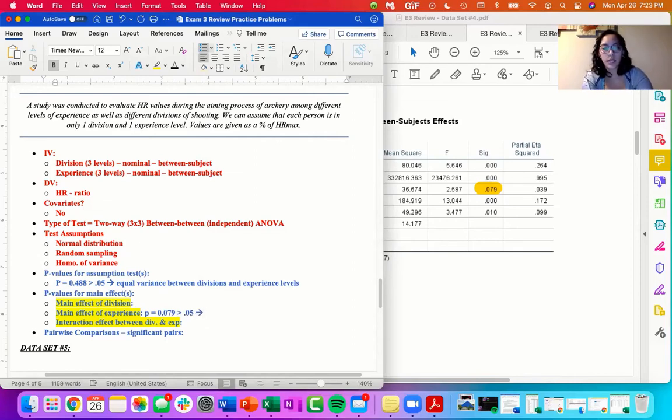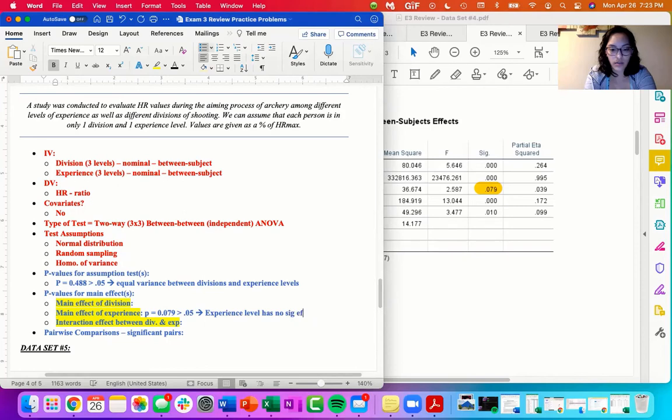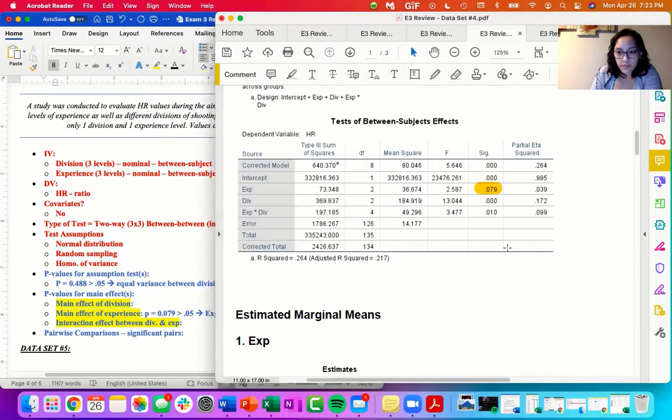How would we interpret the main effect of experience? Experience level has a significant effect on heart rate. So significant or no significant? No significant. There we go. Experience has no significant effect on heart rate. One down.